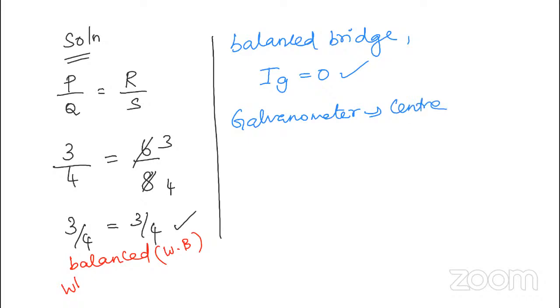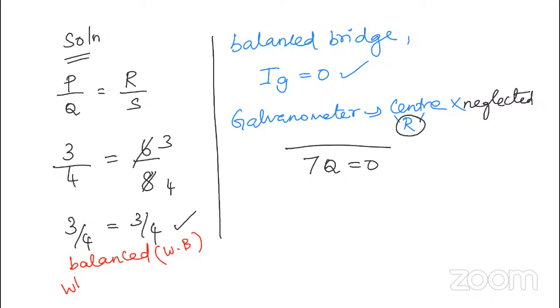So what do we do with the resistance value in the center? In the problem they have given the resistance value, but we neglect it. Once neglected, the 7 ohm value becomes 0, since this is the IG part.